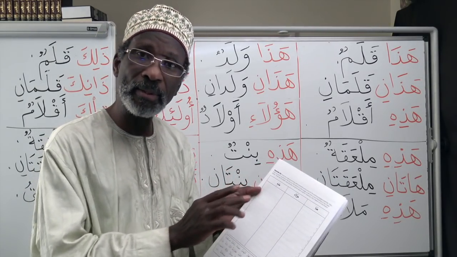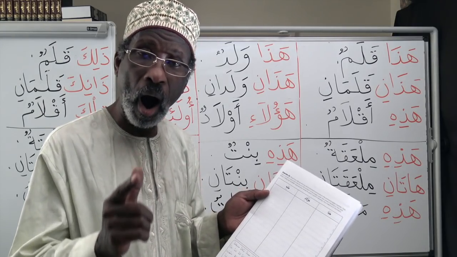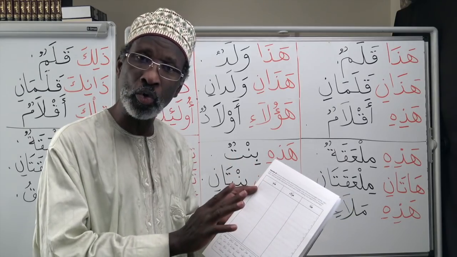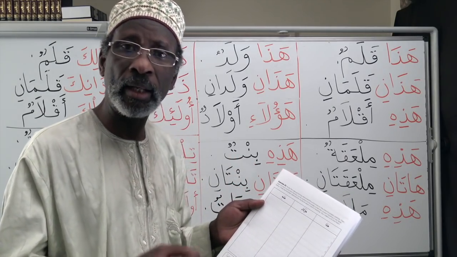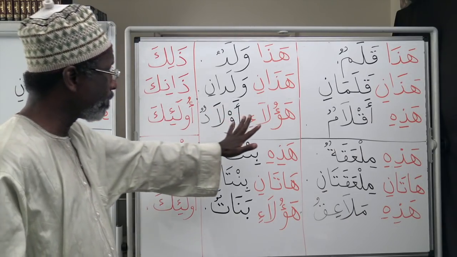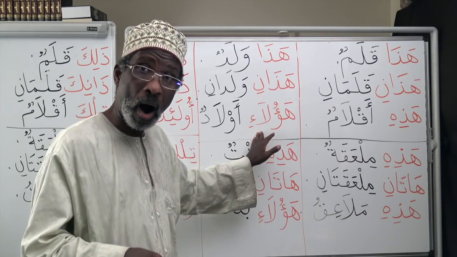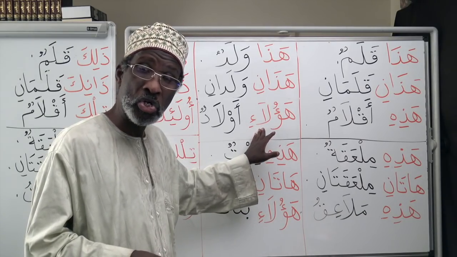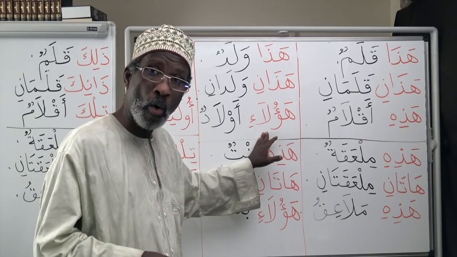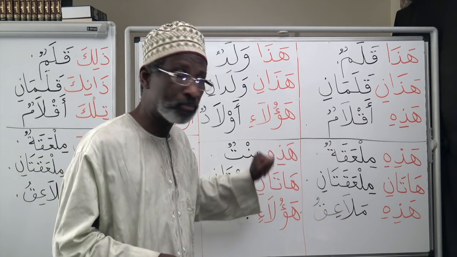So هذه can simply mean this is, or these are, referring to non-human plural. Finally, remember هؤلاء means these or these are, only referring to human three or more, and it doesn't matter whether it's masculine or feminine.